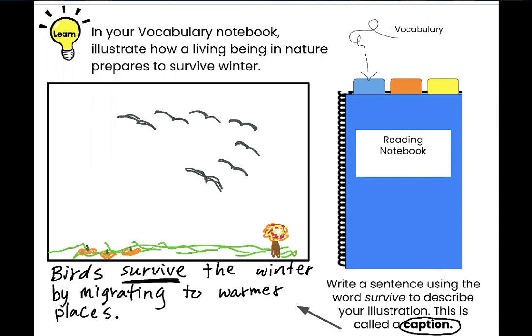We have some background knowledge on what squirrels and other animals do, specifically with different food and how they prepare to survive for winter. So draw a picture in your vocabulary section and then add a description or a caption underneath your picture so that when your teacher or your friends see your work, they know exactly what the picture is showing. When you're done, you can unpause and continue.